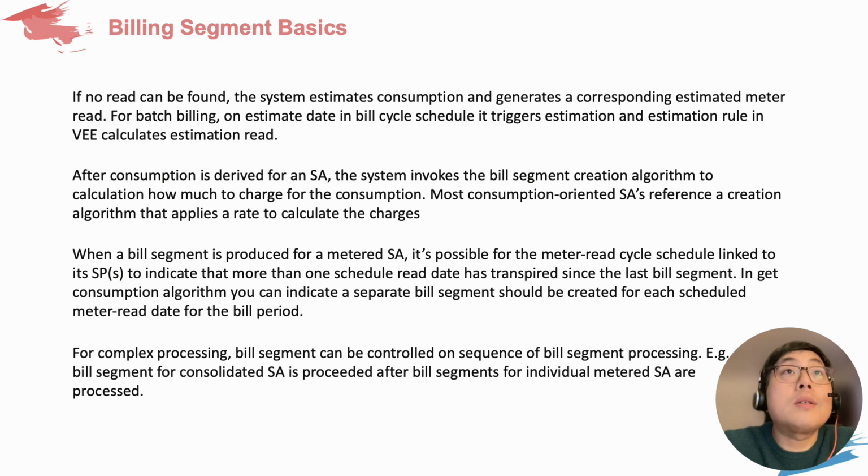And next, after consumption is derived for SA, the system invokes the bill segment creation algorithm to calculate how much to charge for the consumption. Most of the consumption-oriented SA reference a creation algorithm and apply a rate to calculate the charge.